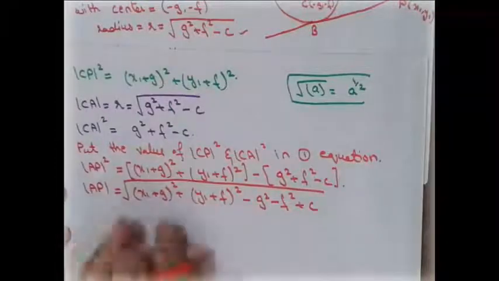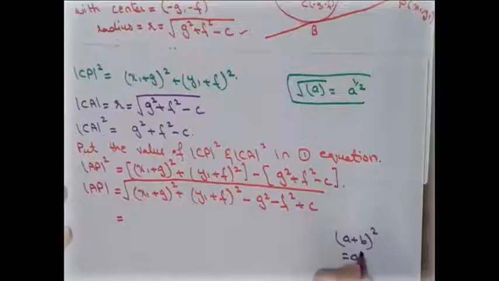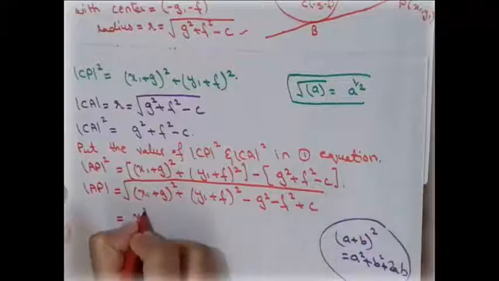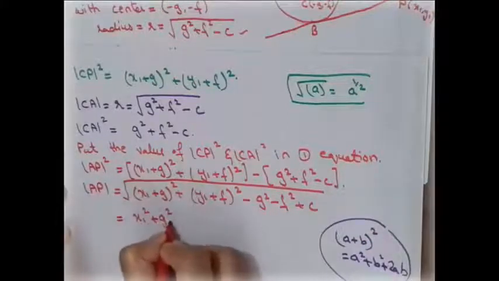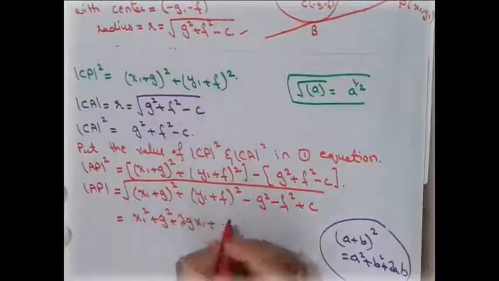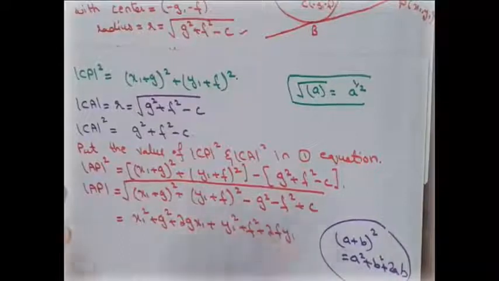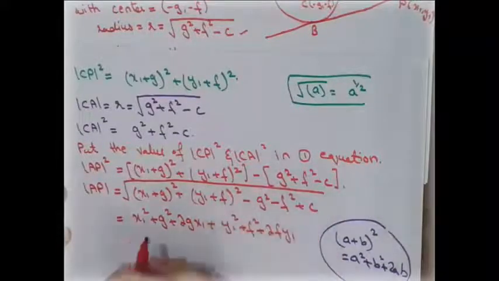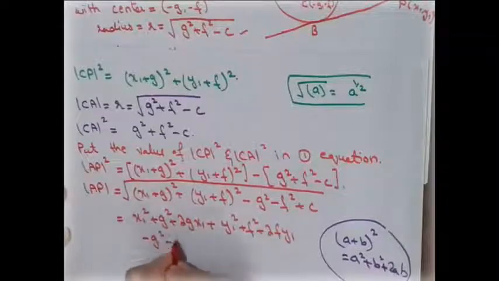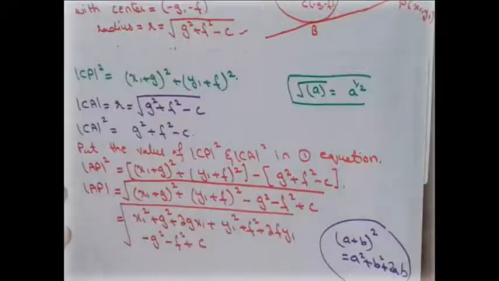Now we open these squares using the formula (a plus b) squared equals a squared plus b squared plus 2ab. So we get x1 squared plus g squared plus 2gx1. Opening the next square, it will be y1 squared plus f squared plus 2fy1. And the remaining terms we write as minus g squared minus f squared plus c, with the whole term in a radical sign.